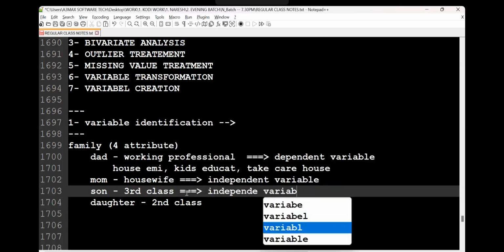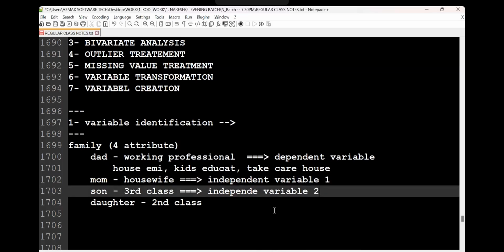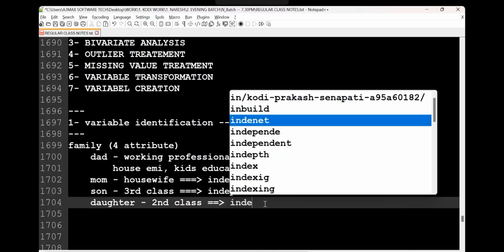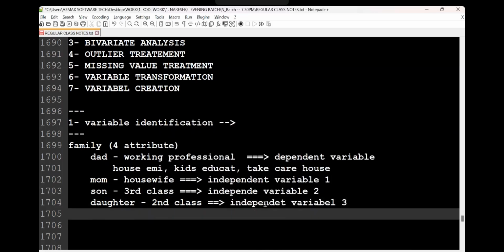This is independent variable 1, this is independent variable 2, this is independent variable 3. Are you clear? Am I correct? Online team, do you agree, or does someone not agree? If someone does not agree, I'll explain later. Exactly. Everybody clear, guys? Okay.